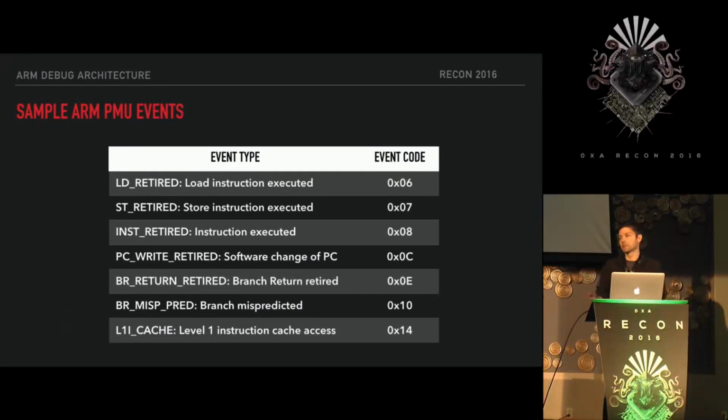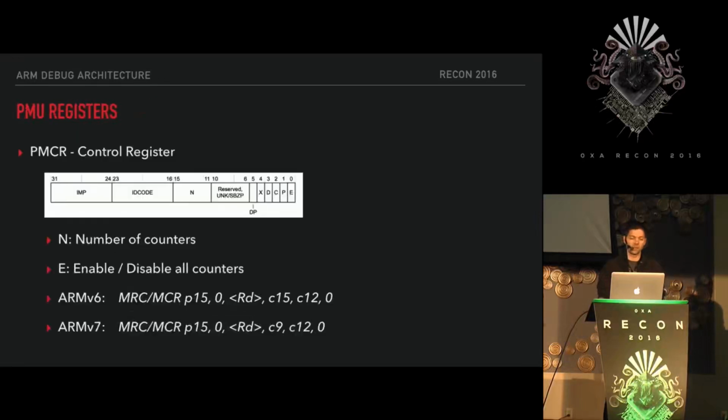So a few sample events that we can count. This is similar to what you'll find on other architectures: instructions, branches, cache access, cache miss, etc. And I'm going to breeze through the registers that we can access through the system control coprocessor. The control register tells us how many counters exist on the PMU, and the least significant bit is a global enable, so it's like turning the PMU on and off.